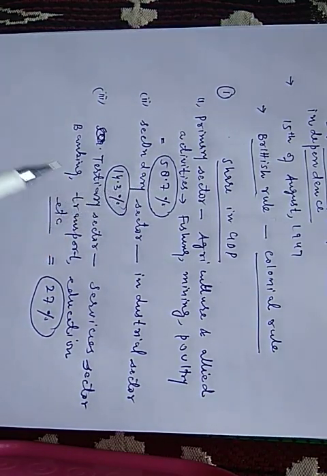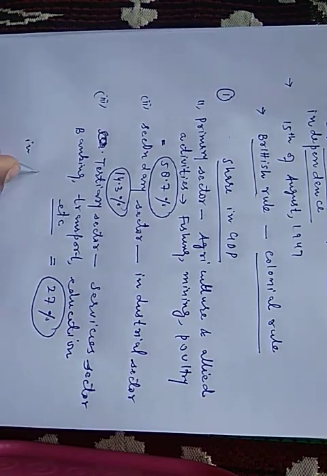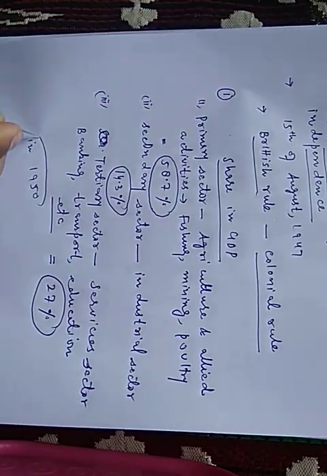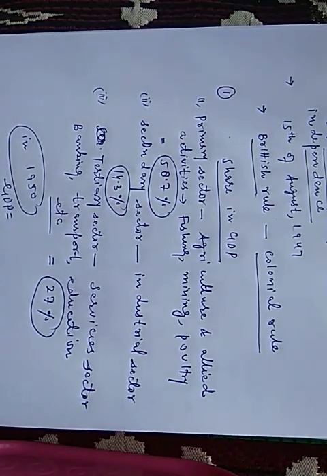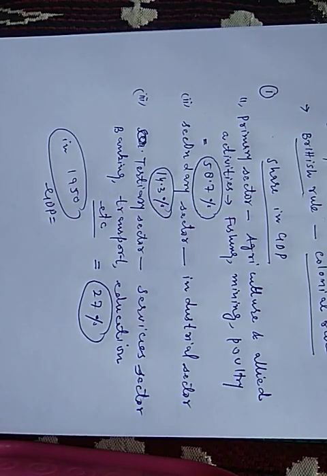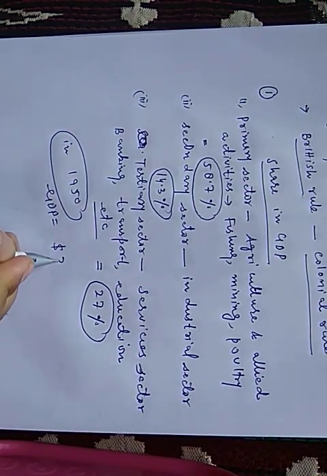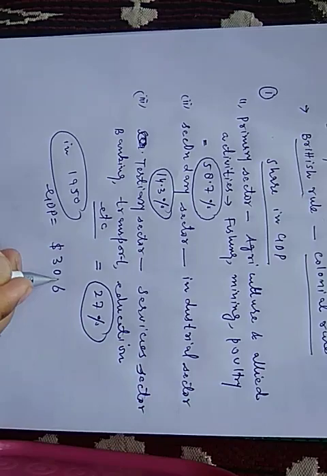Therefore, Indian economy at the time of independence was an agrarian economy, as so much share came from this sector. In 1950, the value of GDP, gross domestic product, was equal to $30.6 billion.